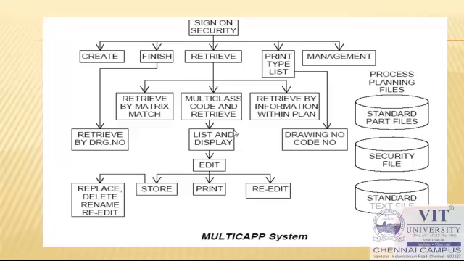Some of these standard files are here: standard part files, which give the part family details; security file, which is used to protect the file; and standard text file, with some descriptions about the part family that are stored there.